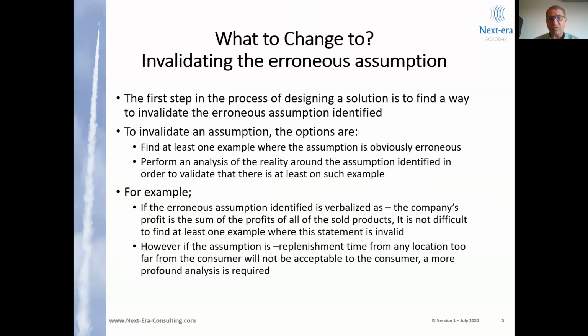So to invalidate an assumption, it is possibly simple or can be complicated. The simple way is to find at least one example where the assumption is obviously erroneous. Then we know that there is at least one situation where we can build a solution where this assumption is not valid.